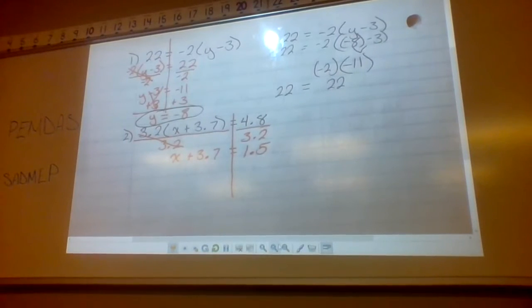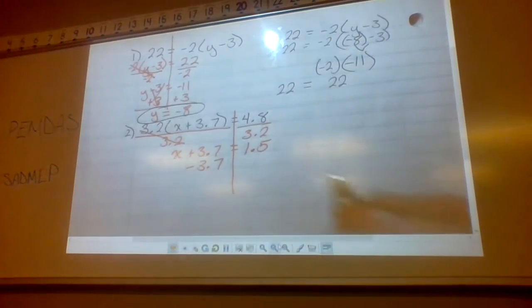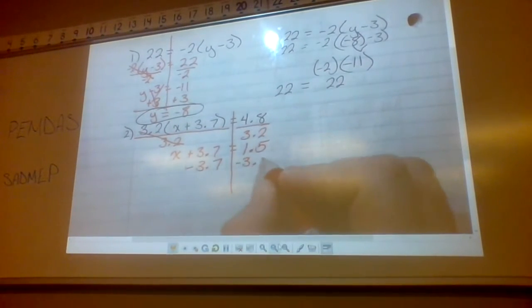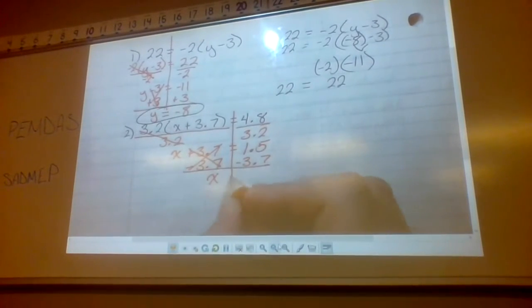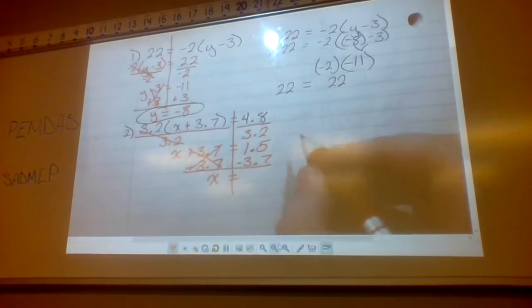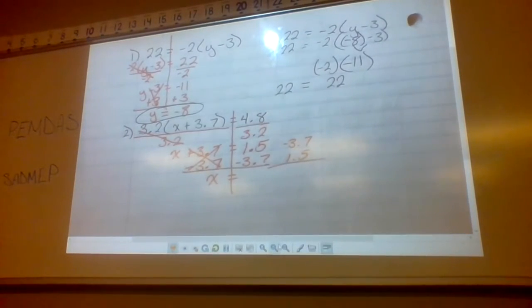What's the inverse? Subtraction. What do we subtract? What you do to the left, you do to the right. Cancel out. x equals, are those the same or different signs? So we have negative 3.7 and 1.5. Subtract those two.